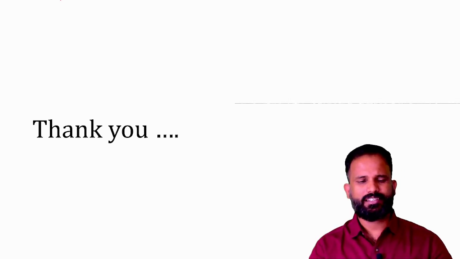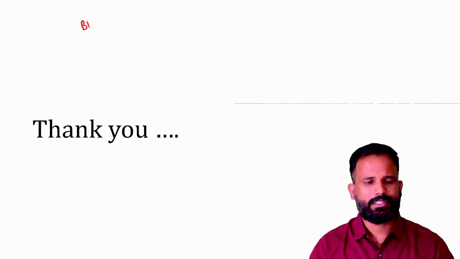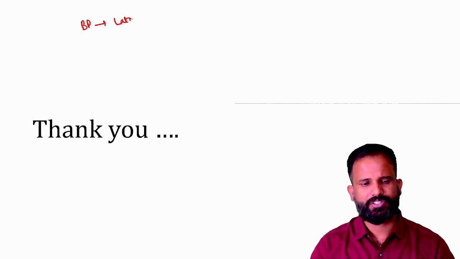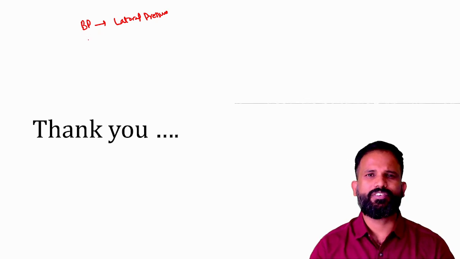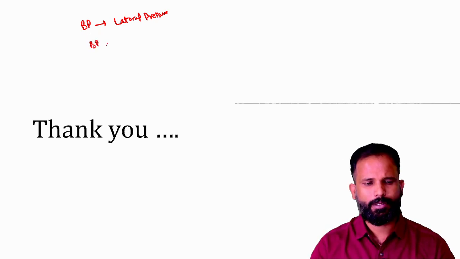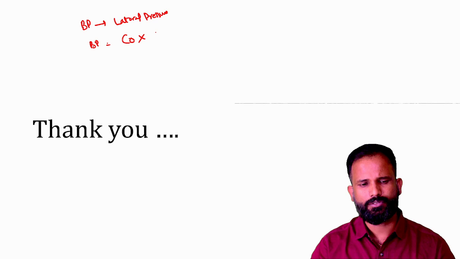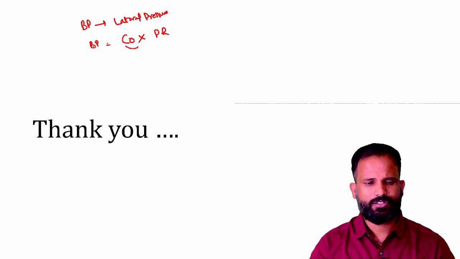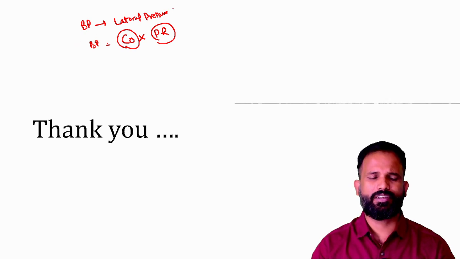So summarizing that, what is BP? It is a lateral pressure exerted by the column of blood on the vessel wall. Then what are the factors affecting BP? BP is equal to cardiac output into peripheral resistance. So what are the factors that affect cardiac output and what are the factors that affect peripheral resistance?